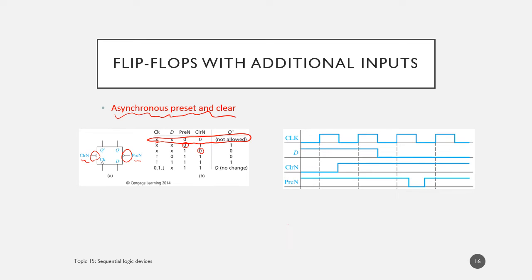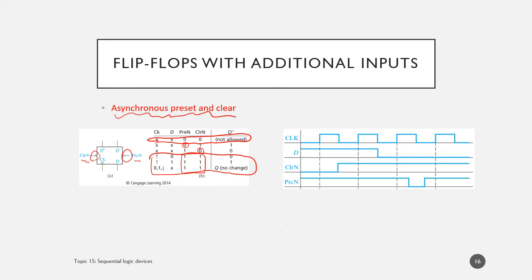For the rest, it's the same as the D flip-flop we talked about before. But be careful. To make this happen, you have to set both preset and clear to be deactivated. In this case, they have to be 1 at the same time.